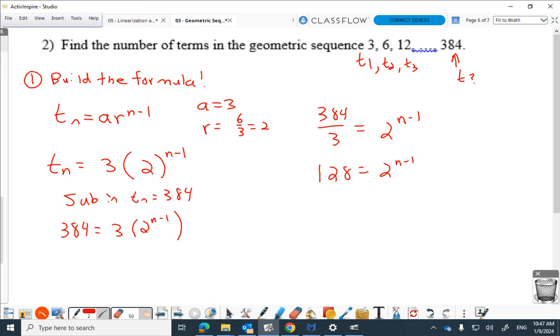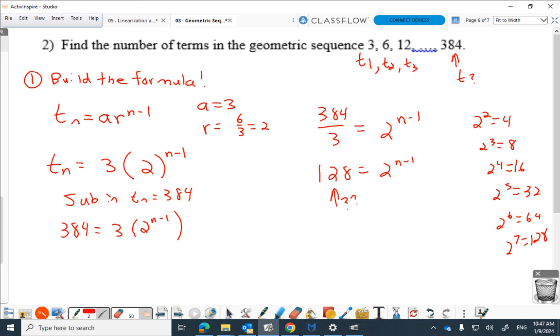We look at the 128, and we go, OK, 128. 2 squared is 4. 2 cubed is 8. 2 to the 4 is 16. 2 to the 5 is 32. 2 to the 6 is 64. And 2 to the 7 is 128. Do you have to do this?